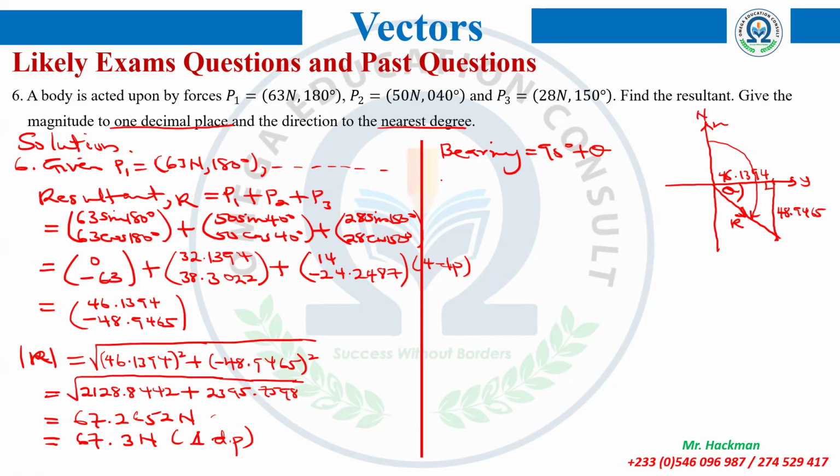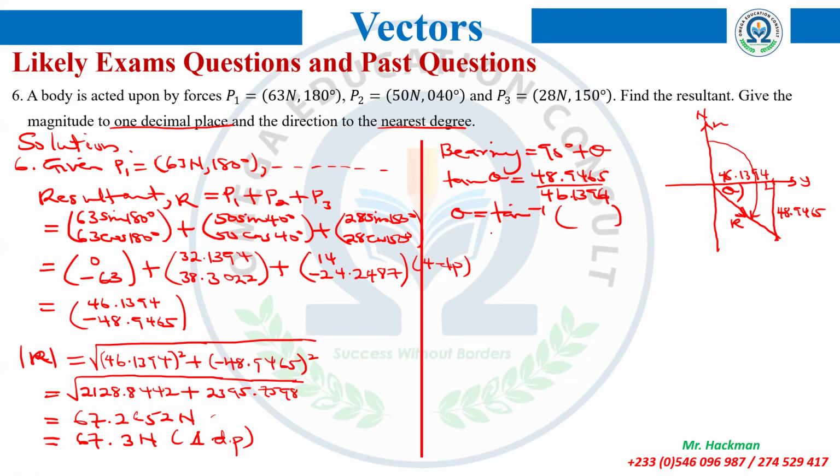So here, I will write tan theta will be equal to opposite over adjacent. The opposite this time around is 48.9465, over the adjacent, which is 46.1394. So in this case, theta will be equal to tan inverse of what you have there. Is that clear?